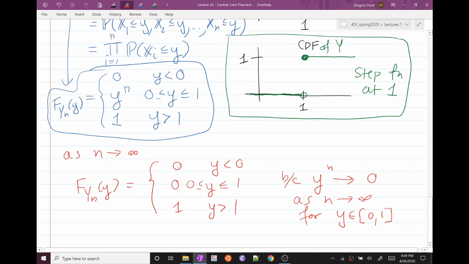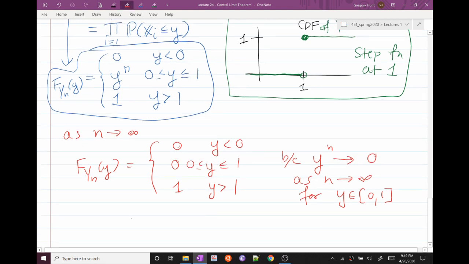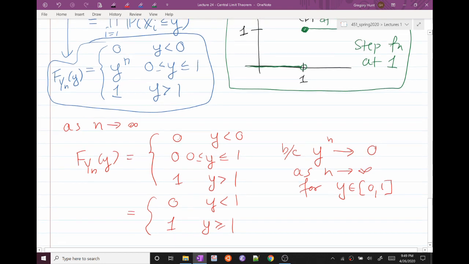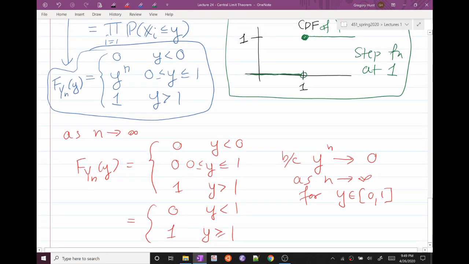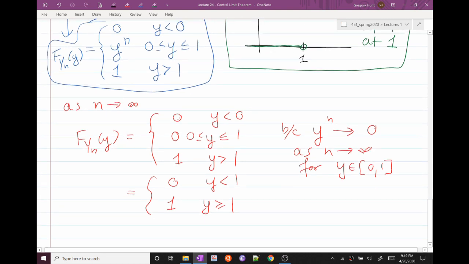So we can simplify our cases here. It's either 0 or 1: it's 0 if y is less than 1, and 1 if y is bigger than or equal to 1. The endpoints we have to be a little bit careful, but we can fudge that a little bit. This is the step function, which is the CDF of our degenerate random variable.